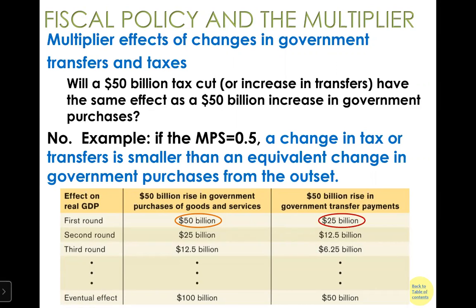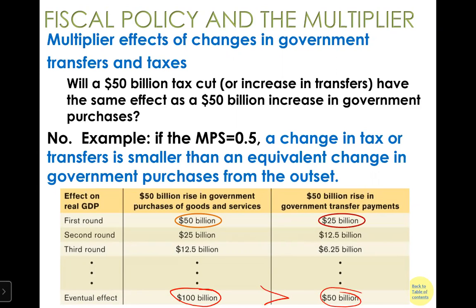On the other hand, the government initiates an increase in purchases of goods and services. You can see from this table and from the discussion we had in last class that if the government initiates the purchase of goods and services, it's going to have a larger impact compared with the government giving households an additional transfer.